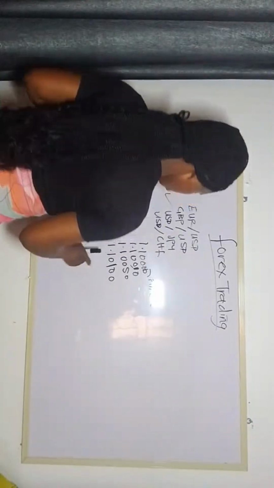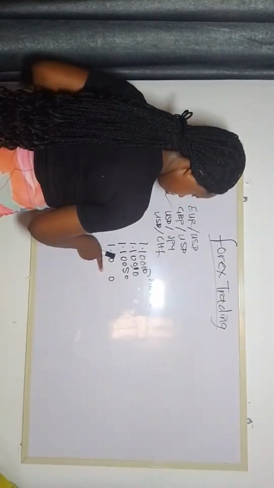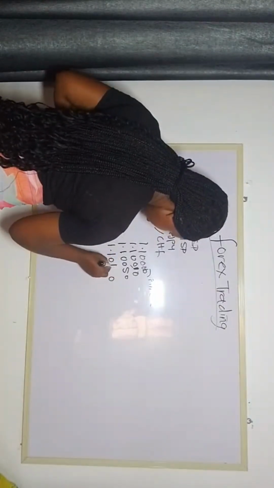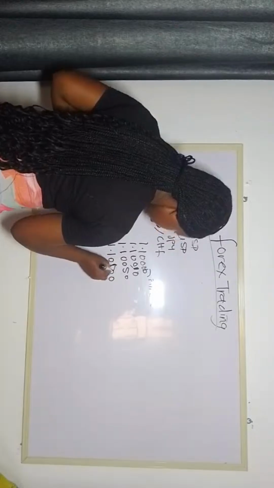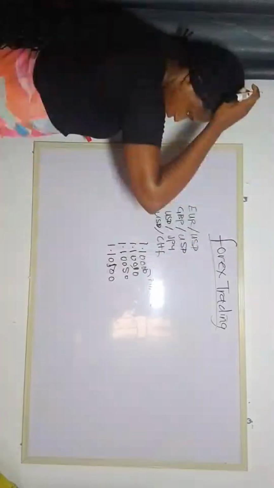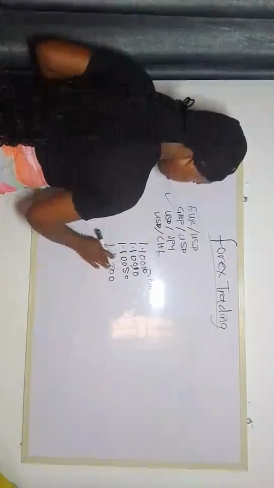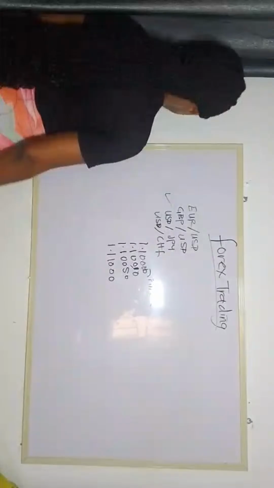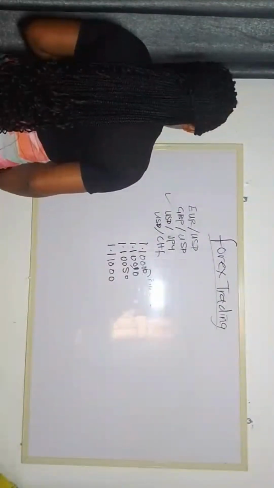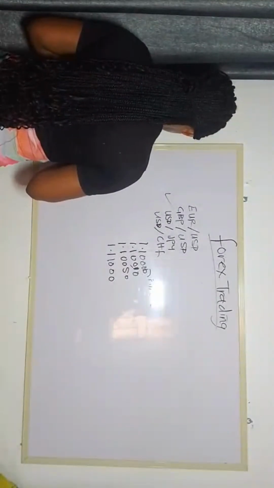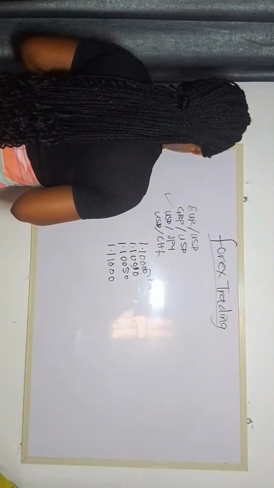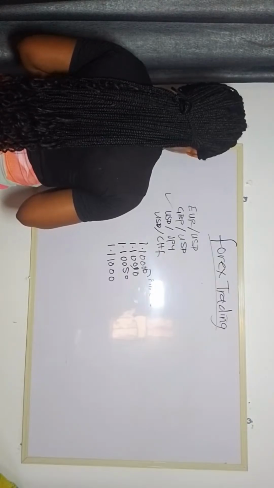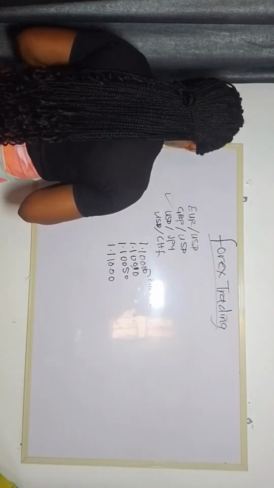If this thing moves from 10 to 50, it is now 50 pipettes, and if it moved from 50 to 100, it is now 100 pipettes. 100 pip is actually the most important one for you to know. The pip is what you need to know. Pipette is like a second.